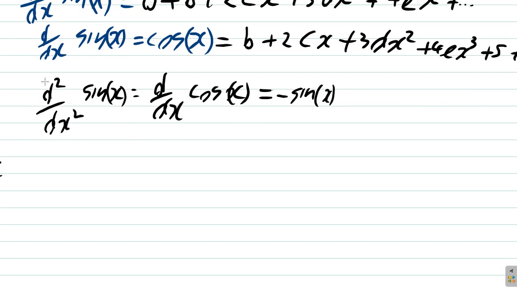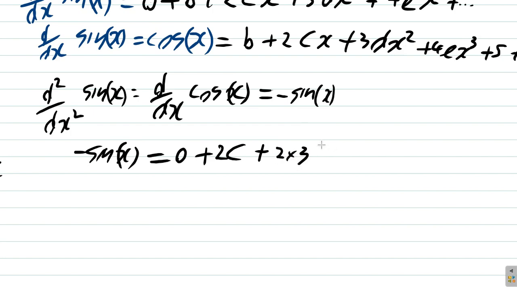Now, here, we have the derivative of cos, which is negative sine. So negative sine x is equal to, now remember, the derivative of cos x means you're going to differentiate this. When you differentiate b, you get 0. Plus, when you differentiate 2cx, you get 2c. See that? Plus, when you differentiate 3dx squared, you get 2 times 3 dx.